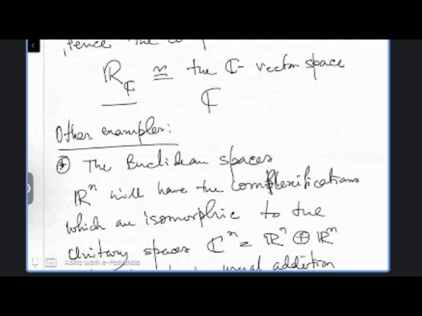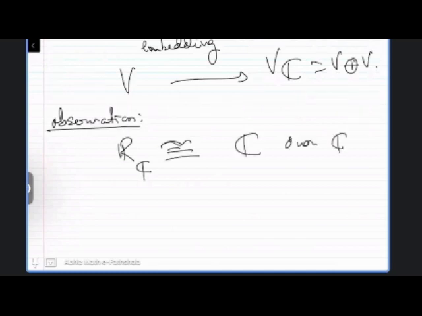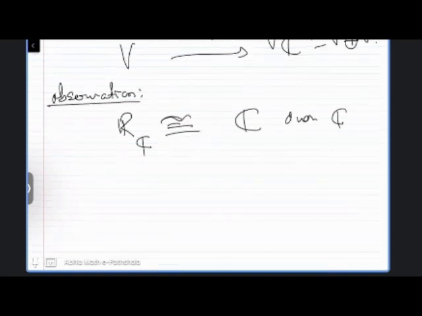So the complexification of R over R is actually C over C, not C over R.